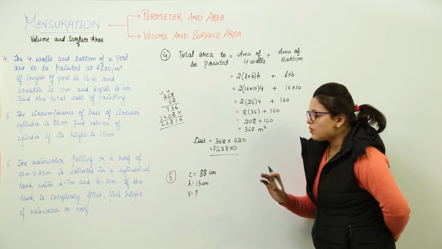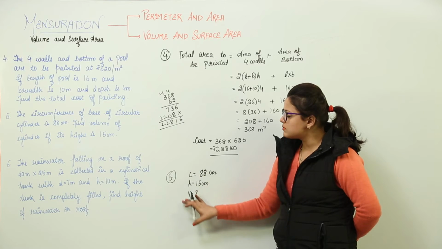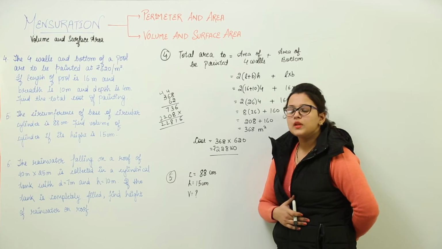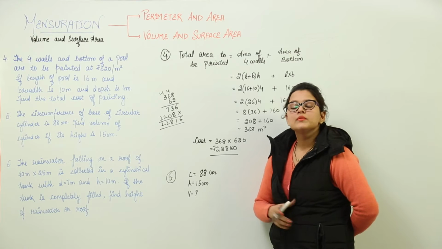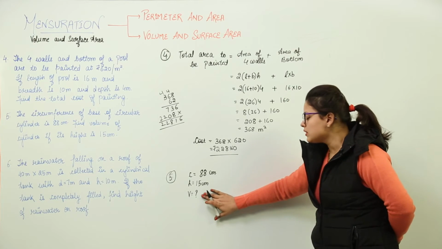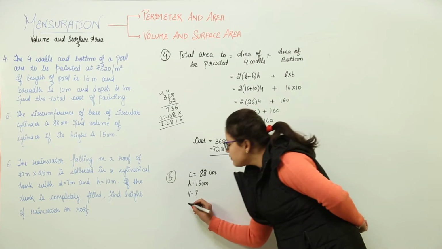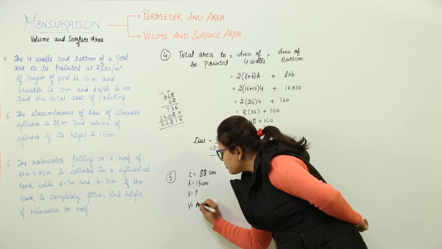Now first of all, you have to put your focus on whether there is any formula possible in which all these three are included. No, we do not have any such formula. Then what should we do? I'll tell you. Then you have to think of the formula for the unknown quantity. Now we are aware of the formula for the volume of a cylinder.